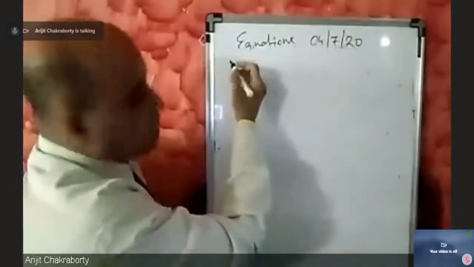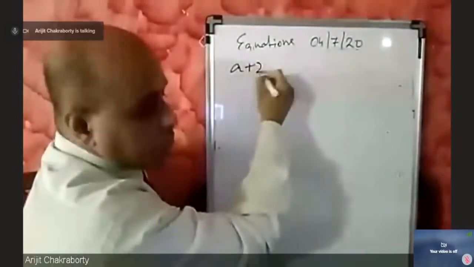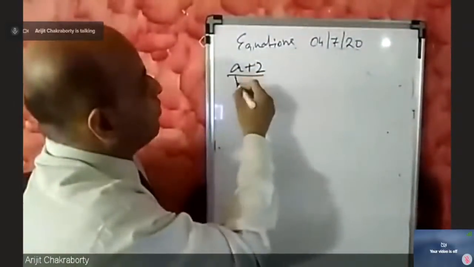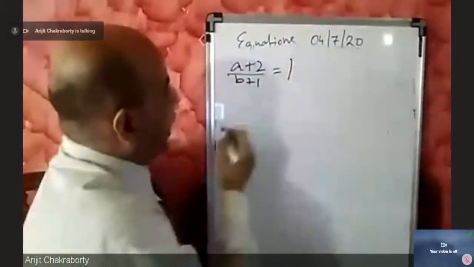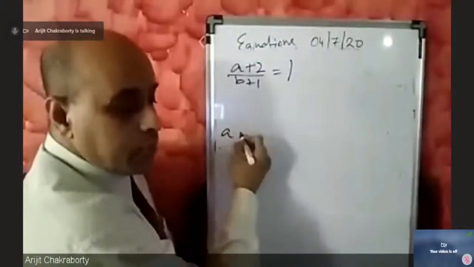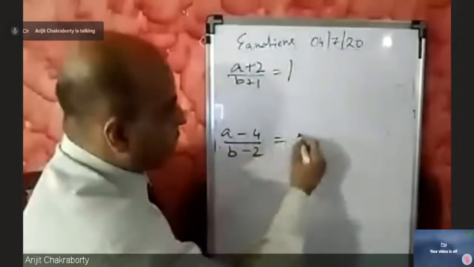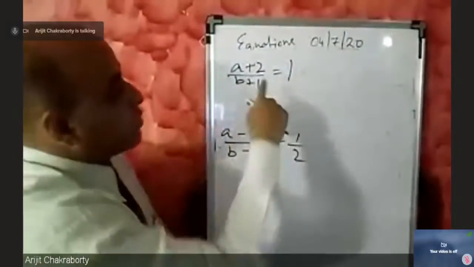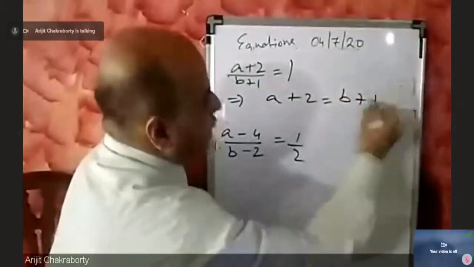So the first equation is, if the numerator is increased by 2, so a plus 2, and the denominator by 1, b plus 1, the fraction becomes 1. And then, if the numerator is decreased by 4 and the denominator decreased by 2, it becomes half. By cross multiplying, we see a plus 2 is equal to b plus 1, the first equation.